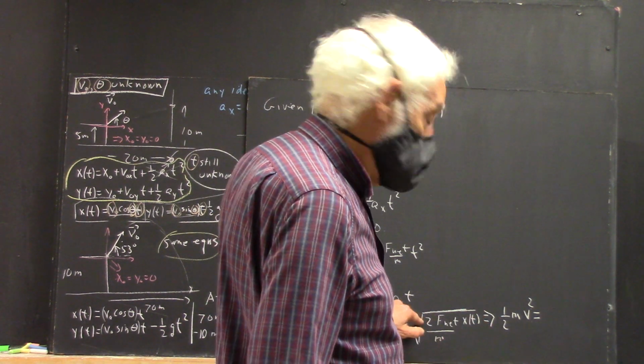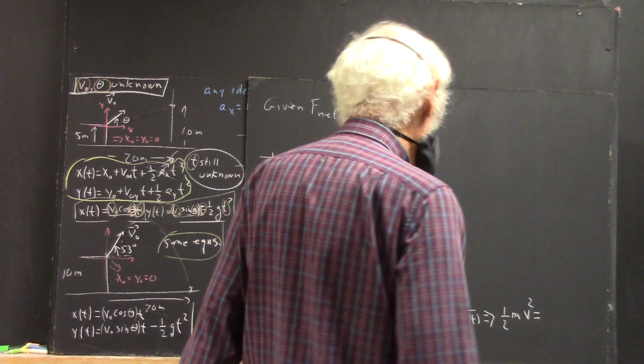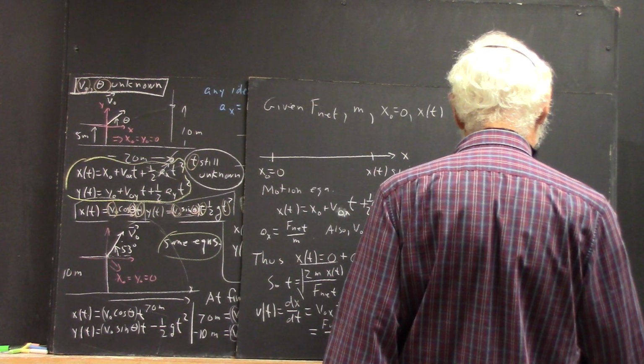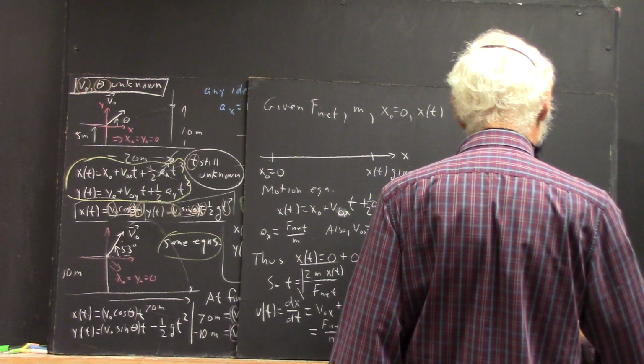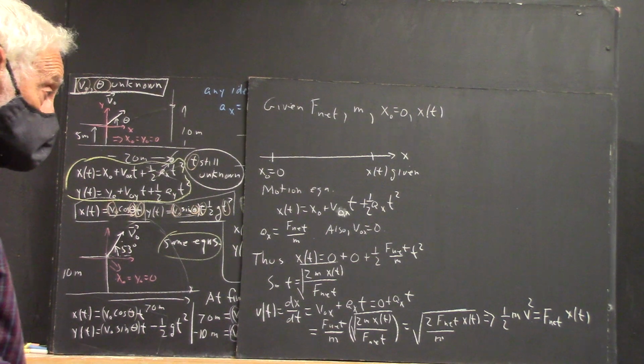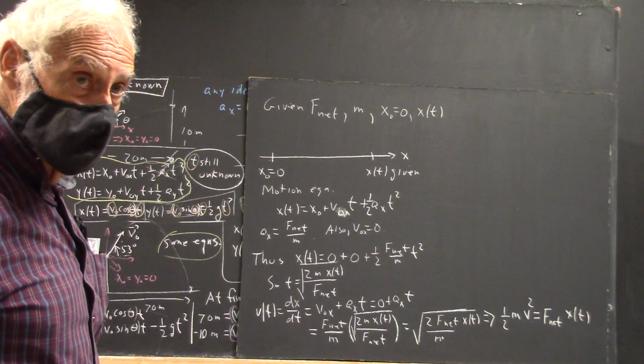The 1/2 divides the 2, and with simple algebra, you get F net x of t. Very simple expression.